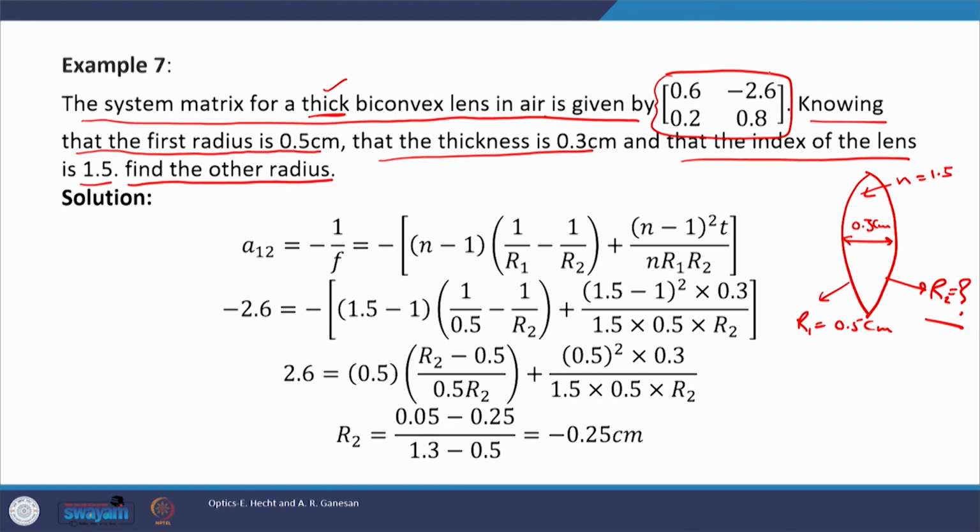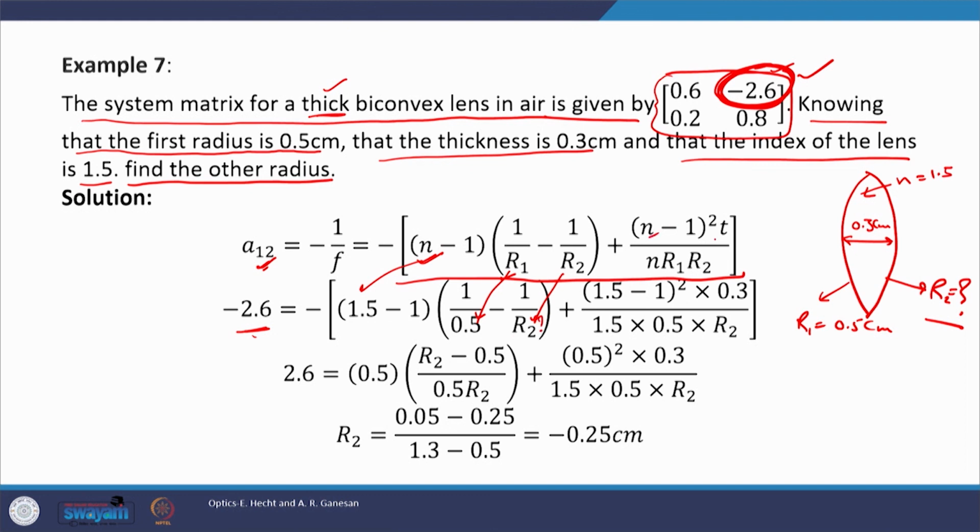The system matrix is given, and we know that the term sitting in the corner has the information of the focal length, and we will start from here. A12, which is this corner term, is equal to minus 1 by f, and we know the formula for a thick lens which we just used in our previous example. The value of A12 is known from the system matrix, which is minus 2.6, so just substitute 2.6. We know the refractive index of the lens, 1.5, and r1 is known, so substitute for r1. r2 is not known, we have to find it out.